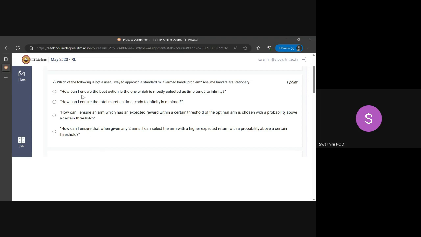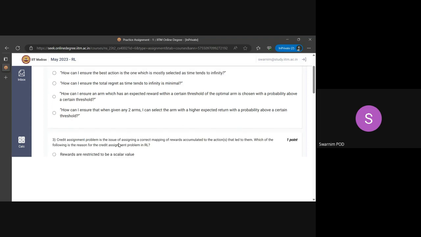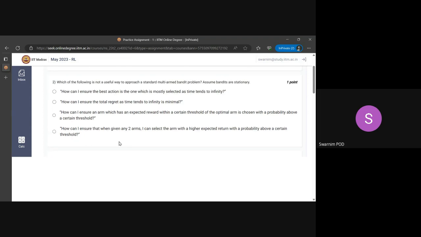So first, I can ensure the best action is the one which is mostly selected as time tends to infinity. That is a good description of a MAB problem, because I want to find out the optimal arm, and once I do that, I just keep pulling this. As time increases, I want to increase the number of times I have selected the optimal arm, and ideally, that's the only arm I select after a certain point.